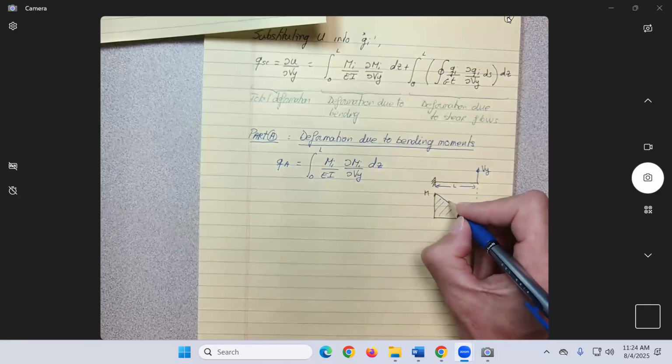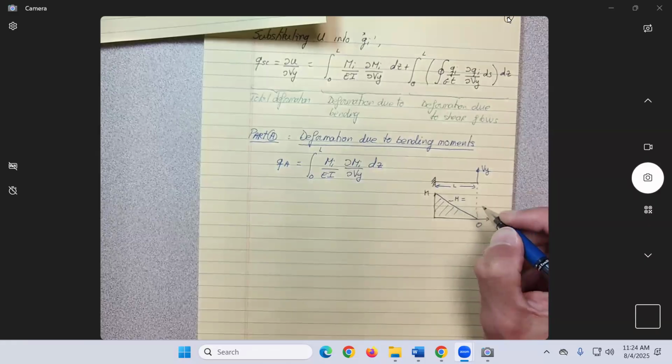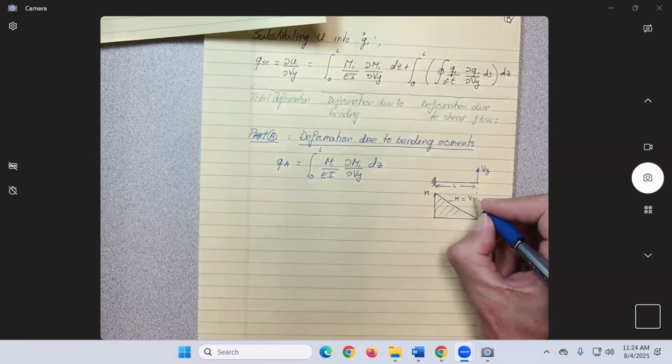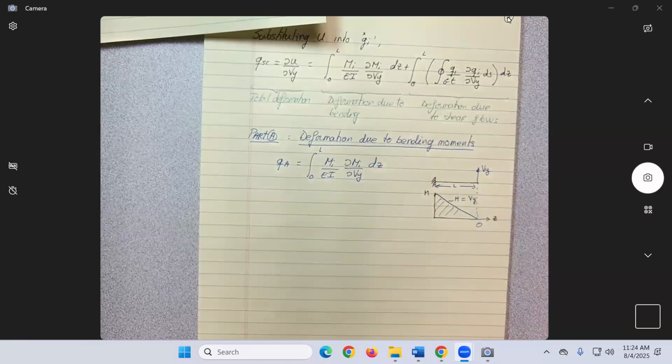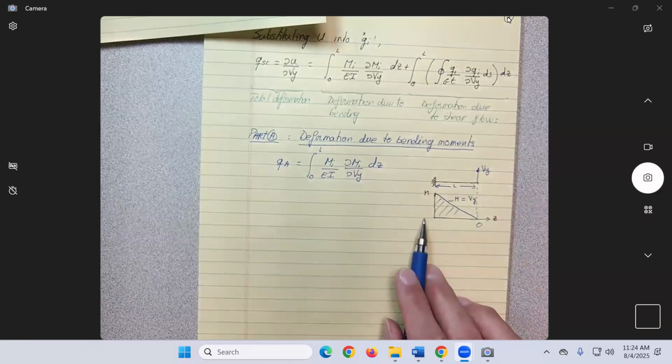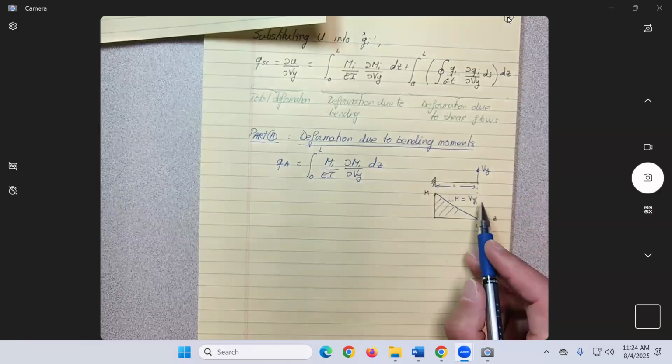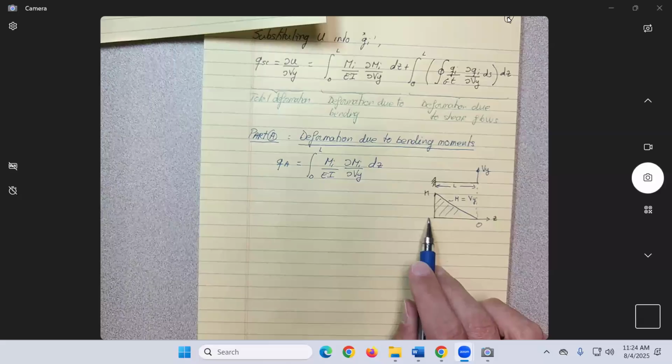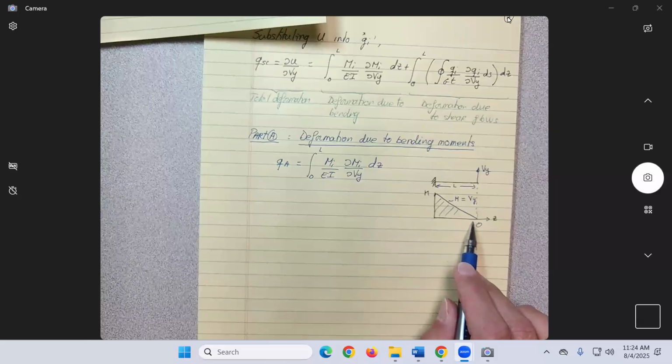So now my question is that what is the expression for the bending moment? So it is Vy, correct? So remember, we start from here, no? Z starts from here. So what should it be? Vy times L will be here, but it needs to be 0 at the end. So what do we need to do?